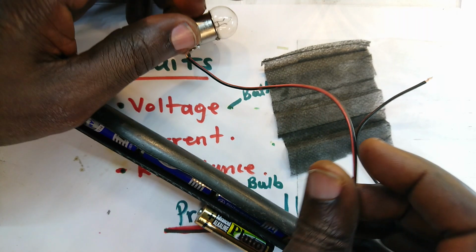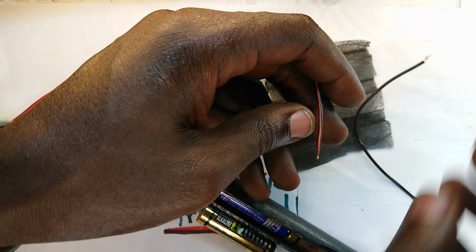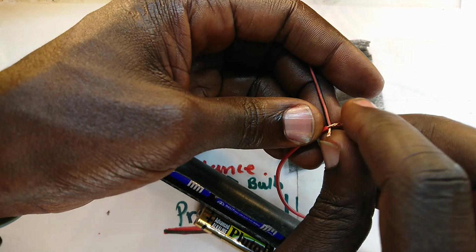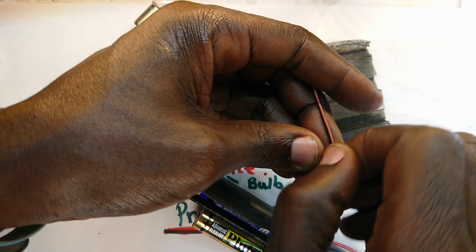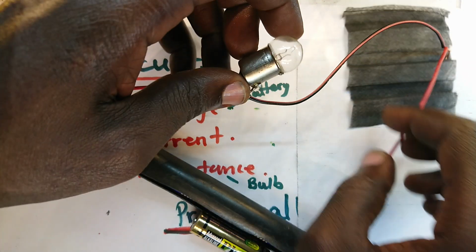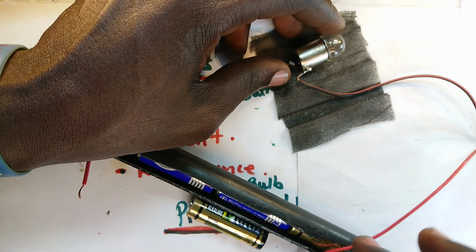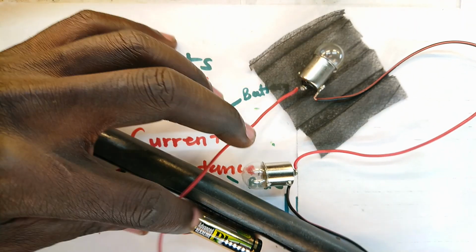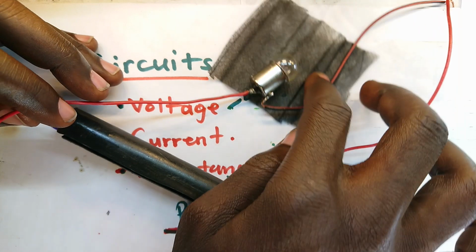So to increase resistance, I'm going to connect this one's positive terminal to the other one's negative terminal, and then bring it in the circuit. So this is a continuous loop.